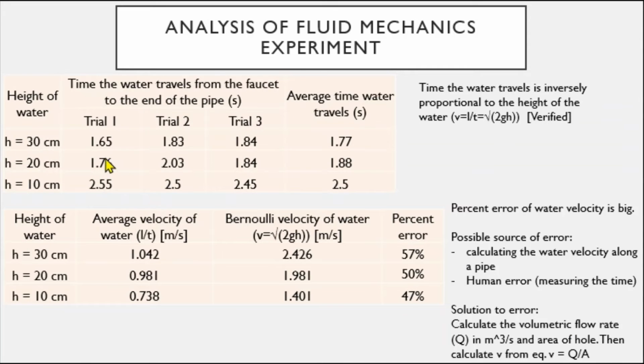And this is the result of the fluid mechanics experiment. Here we can see the values of the time the water travels from the faucet to the end of the pipe in seconds. There are three values of time for three different trials for each value of height, and we calculate the average time the water travels by summing up the three values from the three trials and dividing them by 3.